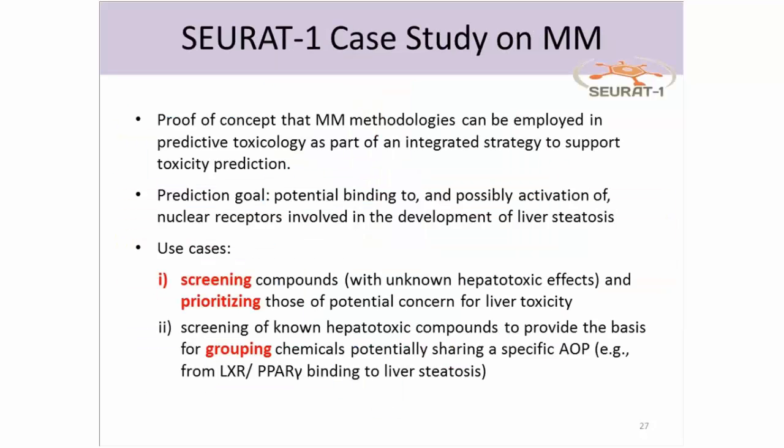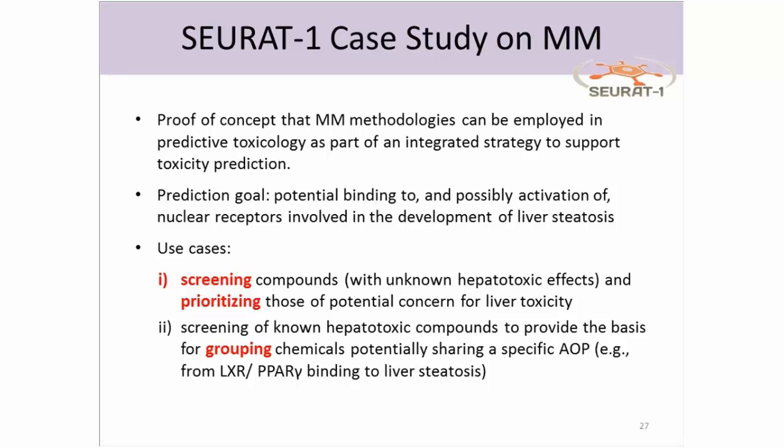So this is a case study that was submitted to SERA, and the idea in this case was to use molecular modeling methods to predict the potential binding, and possibly the activation, of these two nuclear receptors. We used two use cases.